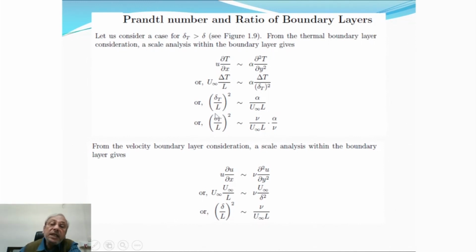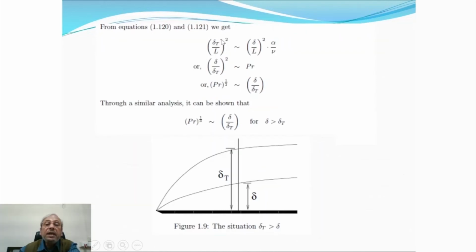So for delta T, the thermal boundary layer thickness, by L square, we get an expression. For the hydrodynamic or velocity boundary layer thickness by L square, we get this expression. Now if we equate these two, we get a very interesting situation. We get delta T by L square equal to delta by L square into alpha by nu.